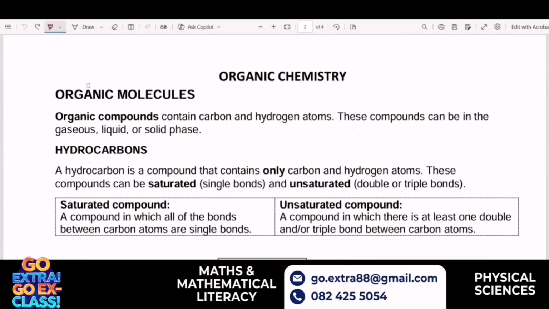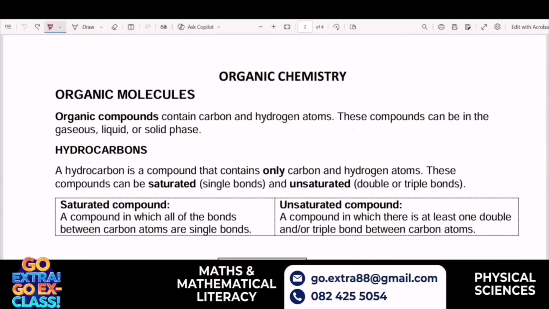Before we get into the topic, you remember that in the previous video we looked at how to define organic chemistry. We said that organic chemistry is commonly known as the chemistry of carbon compounds. So now let's look at organic molecules.